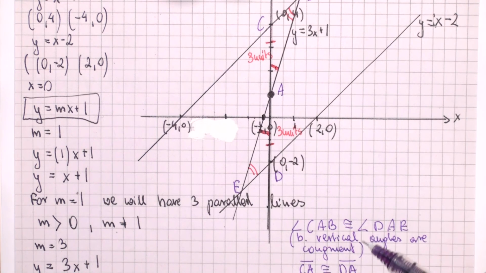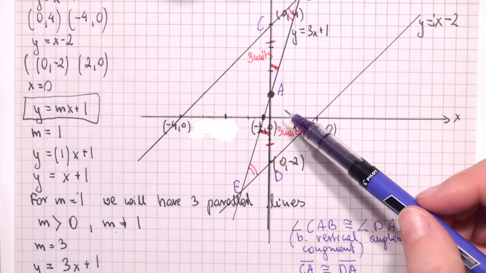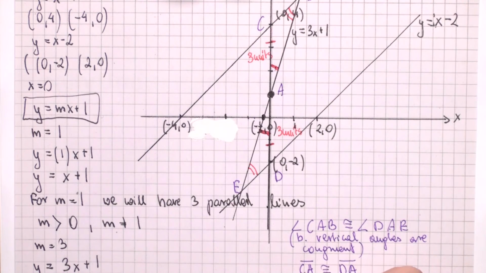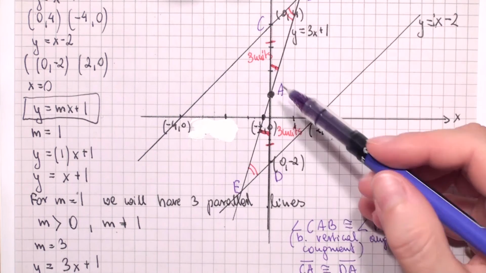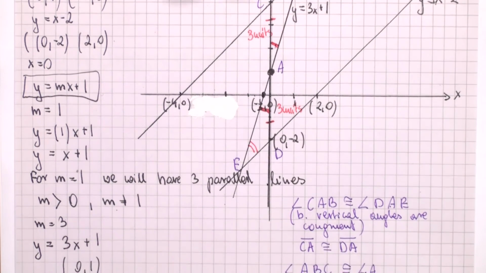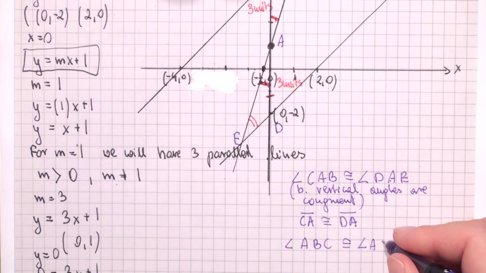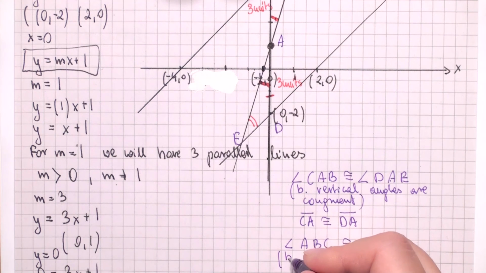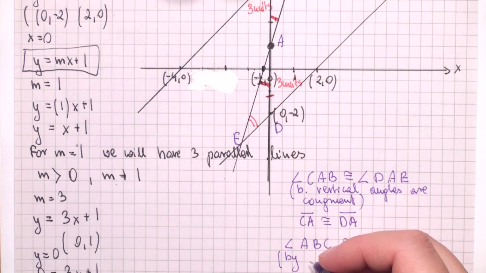And we have that angle ABC is congruent to angle AED by the alternate interior angles theorem.